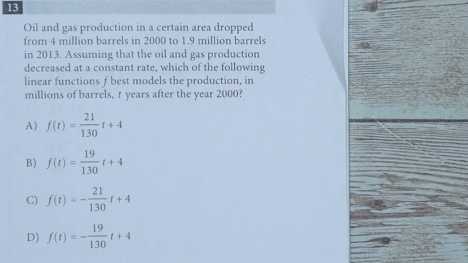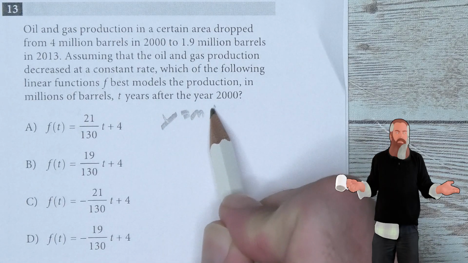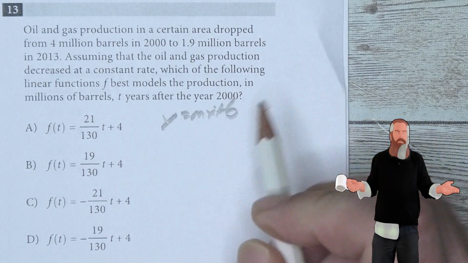Assuming that the oil and gas production decreased at a constant rate, which of the following linear functions f best models the production in millions of barrels t years after the year 2000? So we're looking for y = mx + b format here.